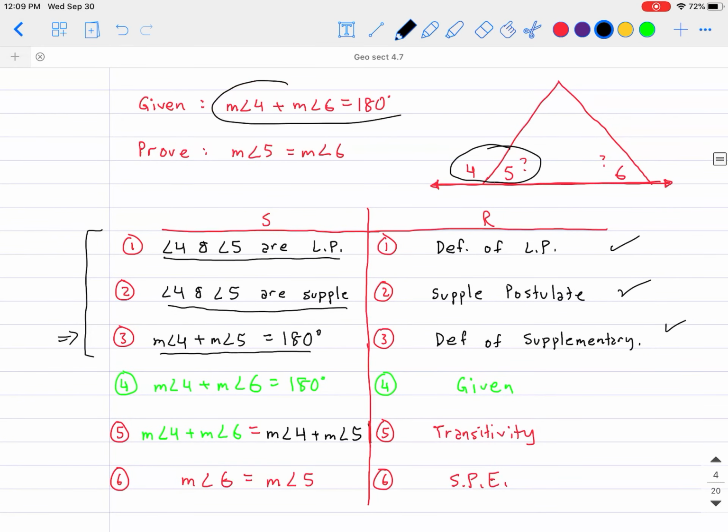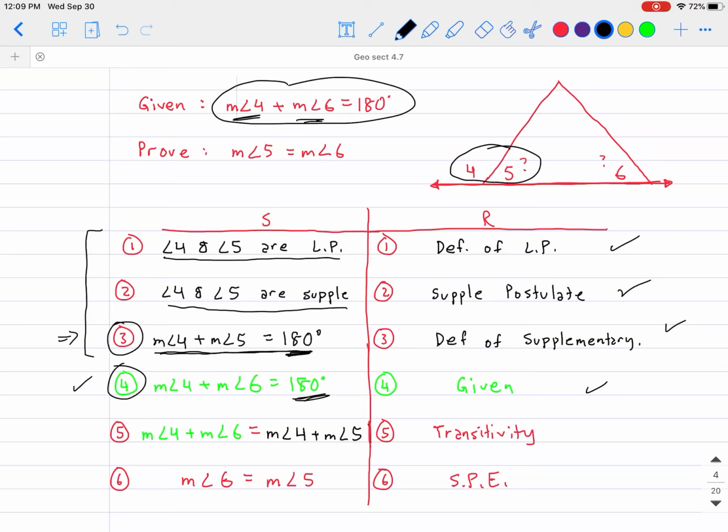Hey, now we have something to play with, because if we take the given, you'll see that it has 4 and 6 in there, which is nice because the equation that we just derived also contained the measurement of angle 4, and they're both equal to 180 degrees. So now I'm going to take the given and write it out and set them equal to each other according to step 3 and also step 4.